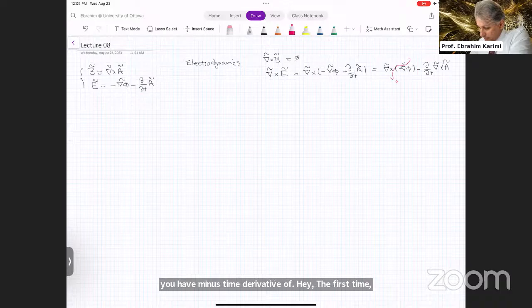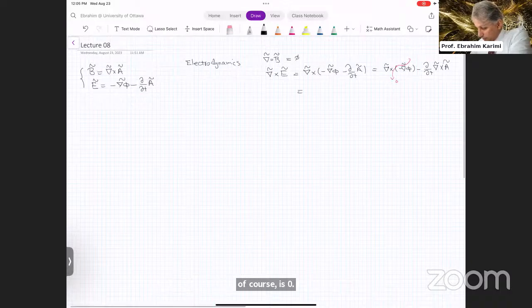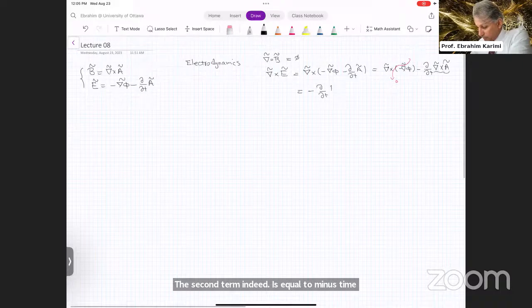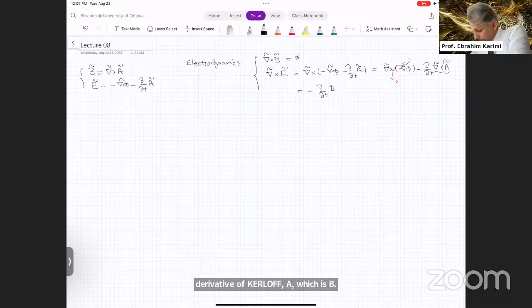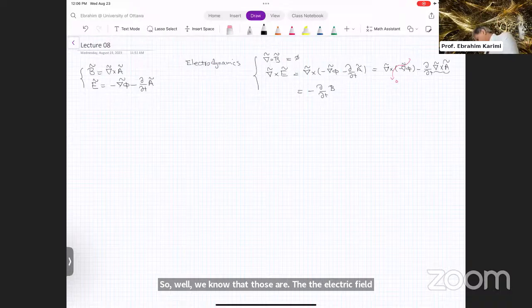The second term is equal to minus the time derivative of the curl of A, which is B. So we know that those are the electric field and magnetic induction, which satisfy Maxwell's equations.